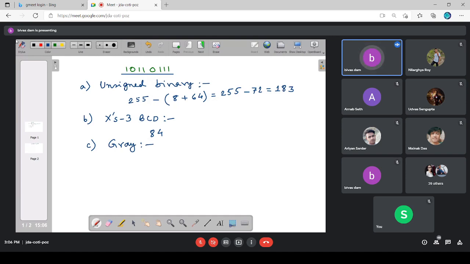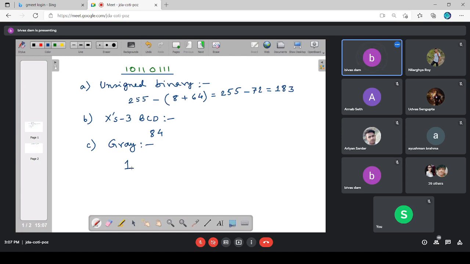What is the rule for gray to binary conversion? What is the first step? Copy the most significant bit. So that means the first bit is 1.